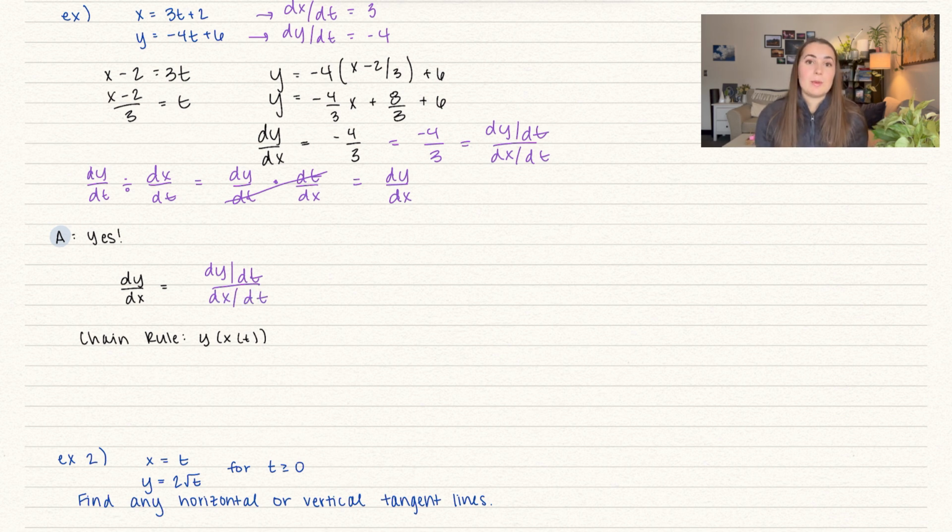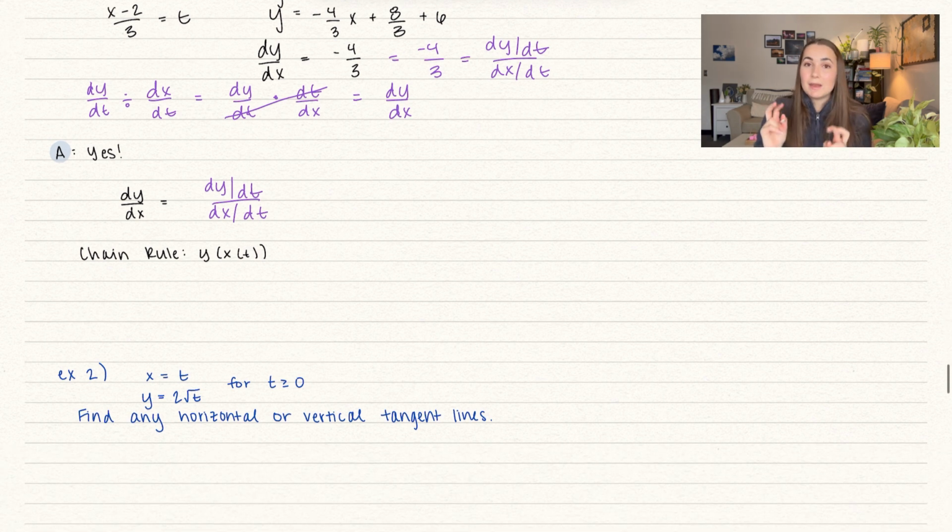Another way that you can think about it is that we are applying the chain rule. When we eliminate the parameter, we have a function y in terms of x, but x is a function in terms of t. Let's try to apply the chain rule. So we're going to have dy/dt, right? We're taking the derivative of y in terms of t. Let's take the derivative of the outside.